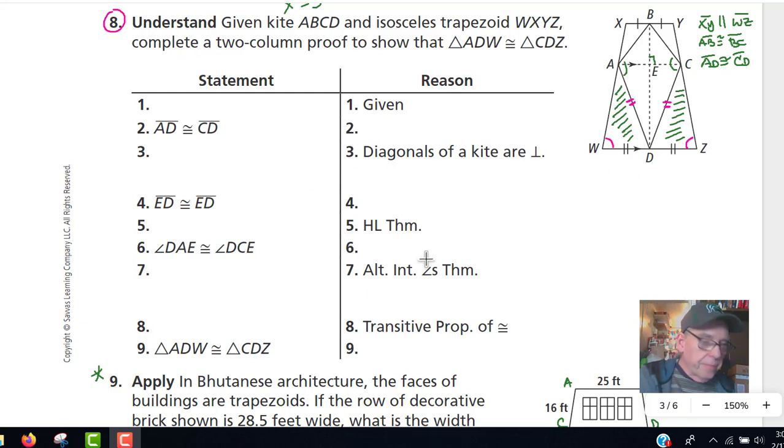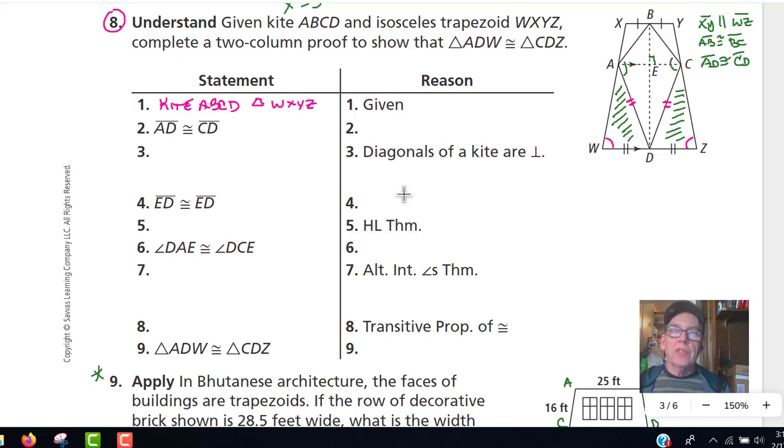So let's see what they did here. For number 1, we're given that ABCD is a kite, and also that isosceles trapezoid WXYZ.